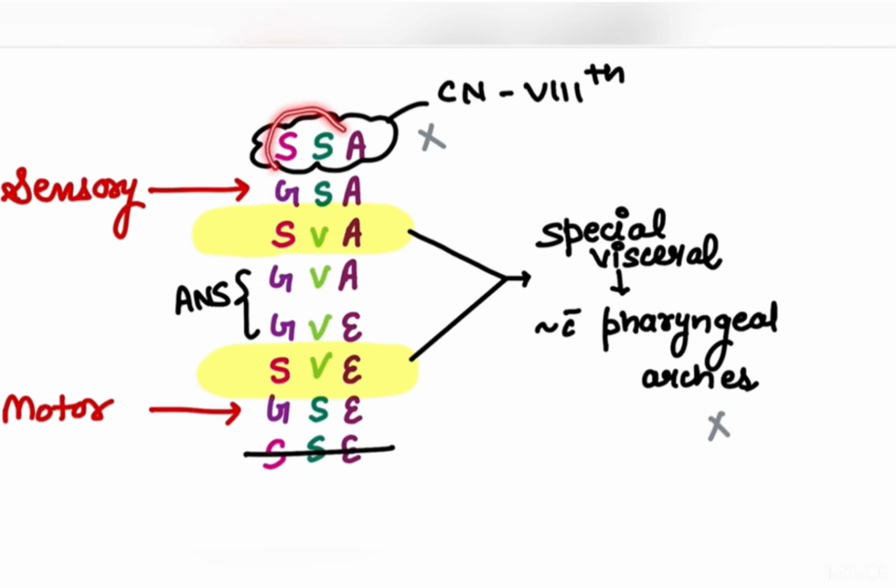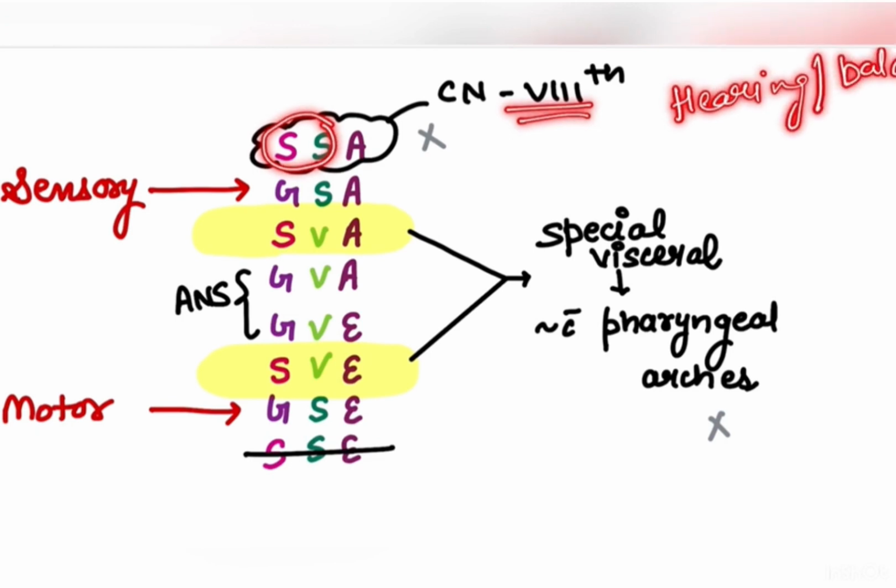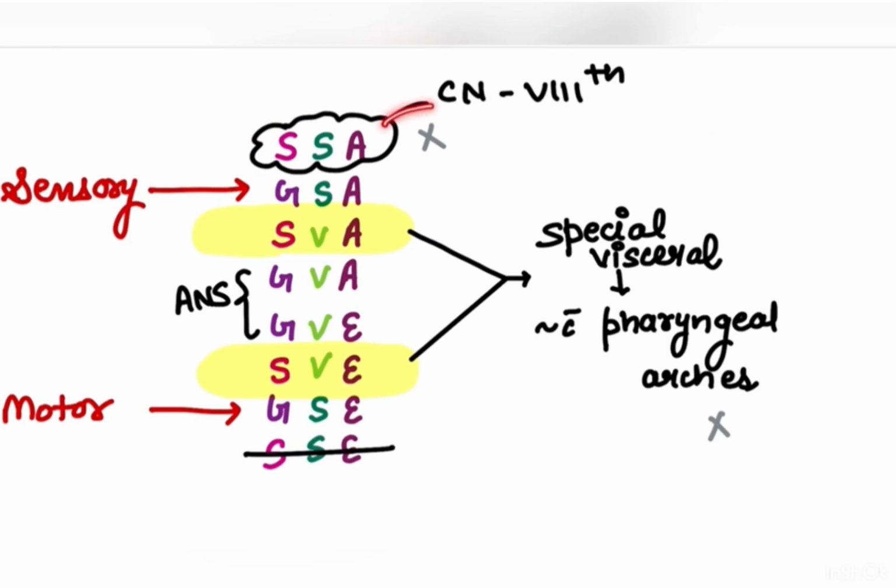Apart from this, when I talk about the special somatic component, as already discussed, there is no special somatic efferent component, but the special somatic afferent is a sense that is very special, like hearing or balance. The 8th cranial nerve, which mediates these 2 senses, is derived from the special somatic afferent component of the functional column.